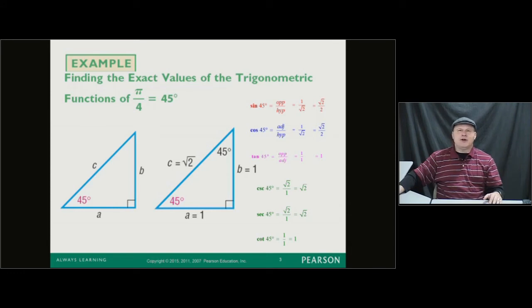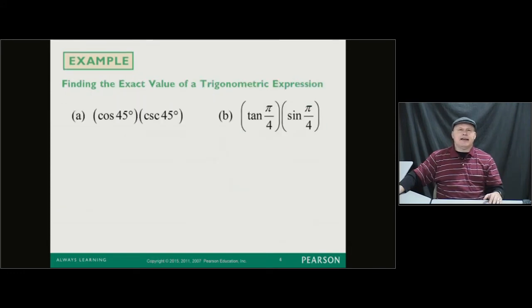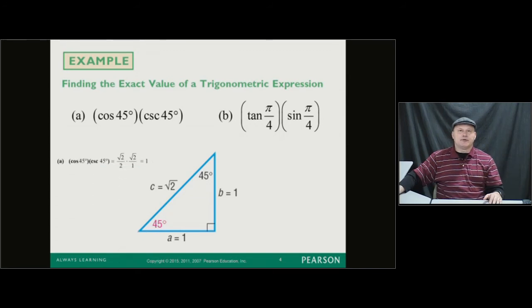So, all right, let's look at an example where we're trying to find the exact value of some trig expressions. The cosine of 45 degrees times the cosecant of 45 degrees. Now recall, that's your triangle. So the cosine of 45 degrees is adjacent over hypotenuse, which we remember is the square root of 2 over 2.